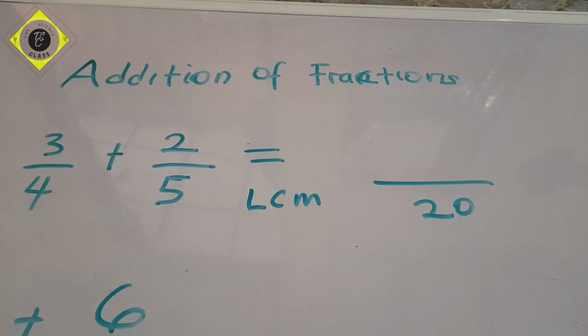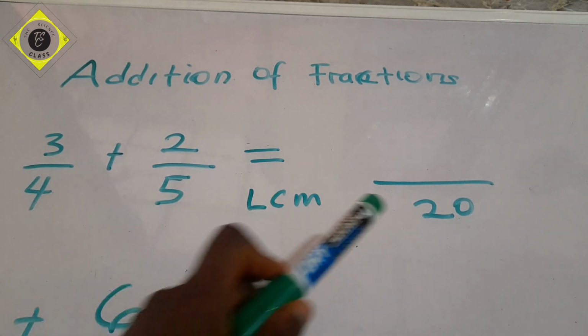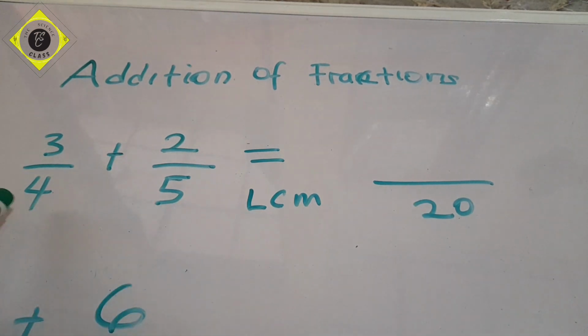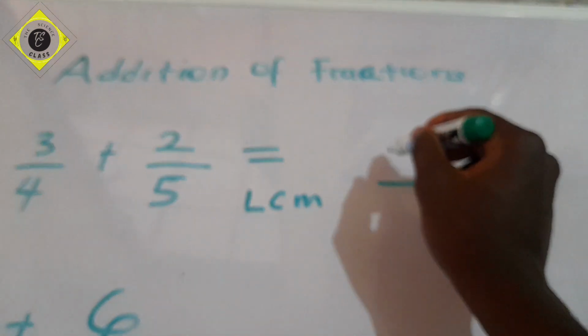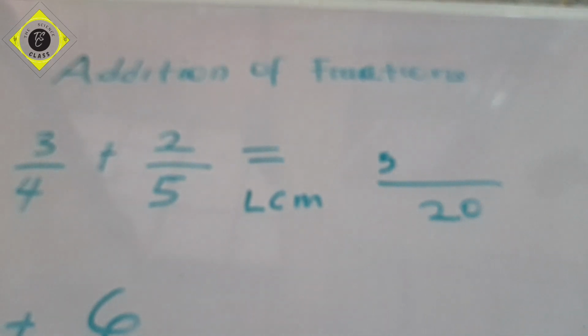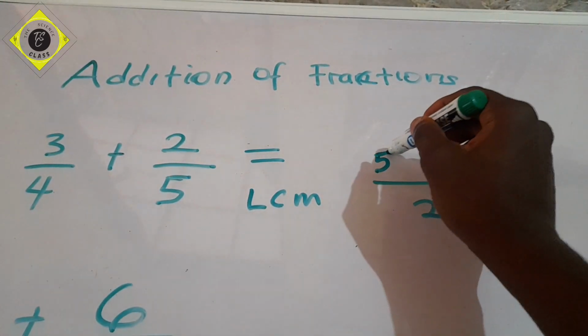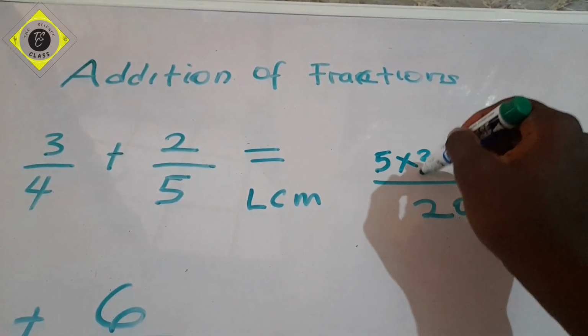Now, you say 20 divided by 4. 20 divided by 4 is going to give you 5. Then you write your 5 here. Then you multiply the 5 by 3.